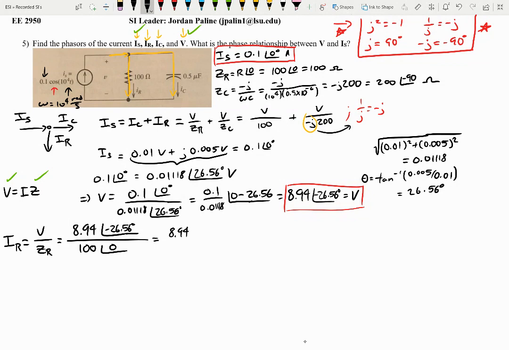So 8.94 over 100, and negative 26.56 minus 0, gives us 0.0894 at an angle of negative 26.56 degrees. That'll be the current through the resistance.